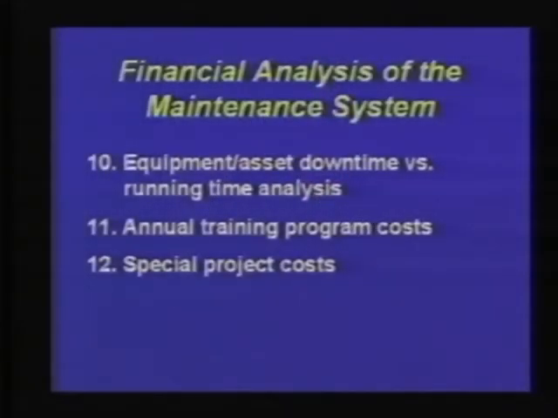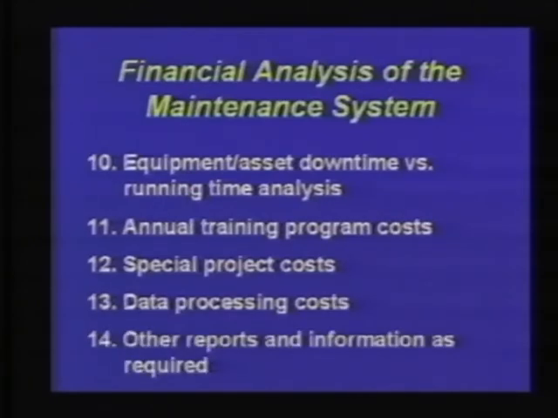Report number 12 would be special project costs, and then 13 would be the data processing costs, and in this case, that should include the training required to implement many of the activities found in CMMS. And then item 14 and beyond are other reports that I have not listed on pages 1 and 2.